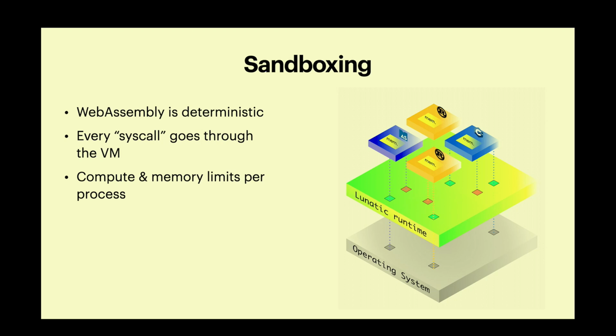You can even give memory limitations. Say, for example, you model a web server and each request is a new process, you can say this request can only execute 100 million WebAssembly instructions and use 5 megabytes at max. And if it exceeds this limit, it will just crash. So you can build really interesting safe abstractions on top of it.